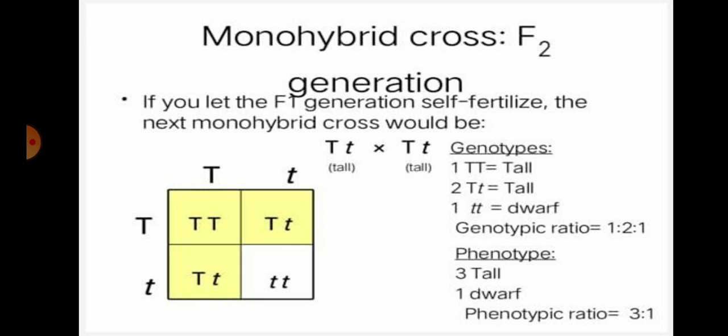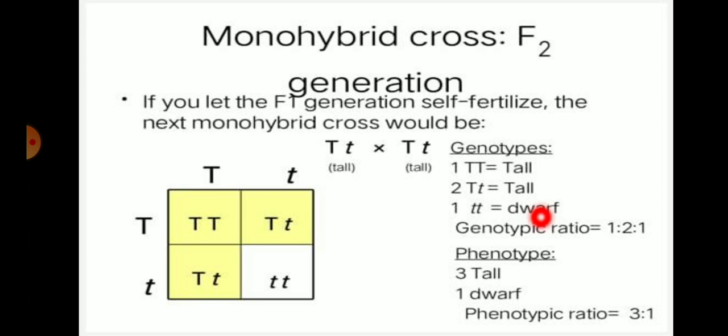So one plant has the homozygous dominant genotype, capital T capital T, which is tall. Two plants have the genotype capital T small t, which is also tall height but heterozygous. And one plant has small t small t, in the homozygous recessive condition, which shows the dwarf height of the plant.